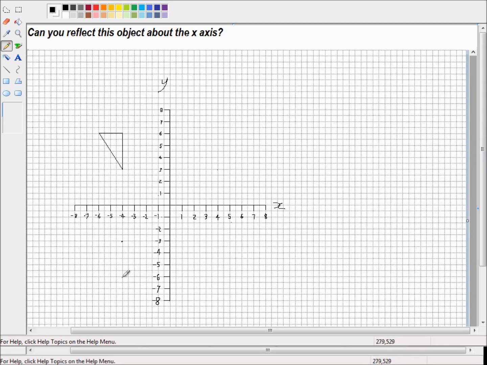I think that's here. And then this point here is at -6, 6, so I'm going to want this at -6, -6. So I think that's here.